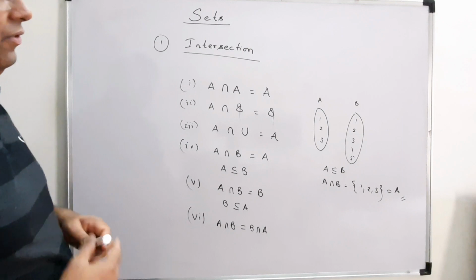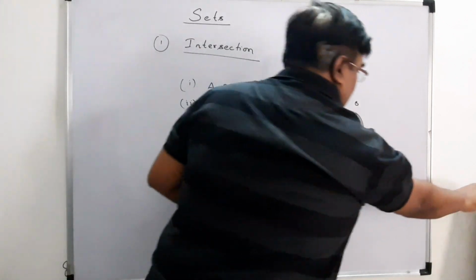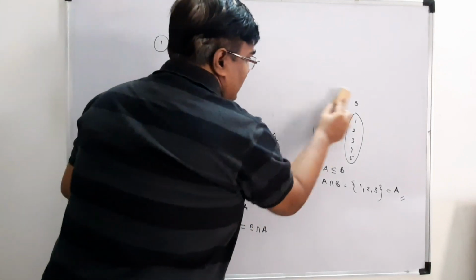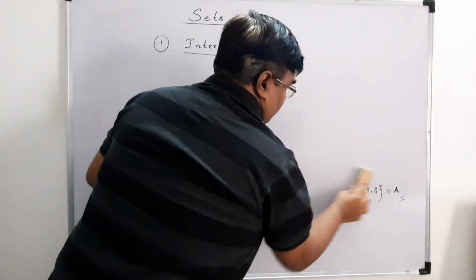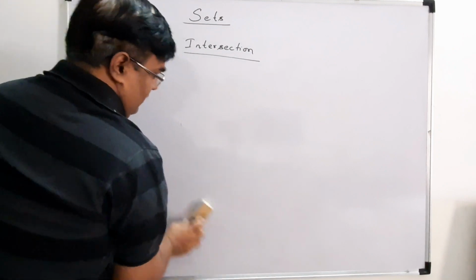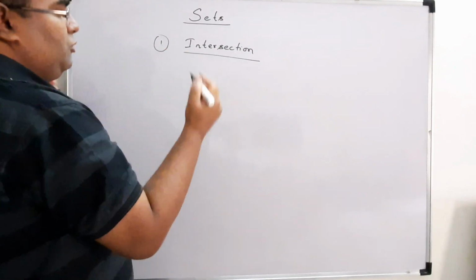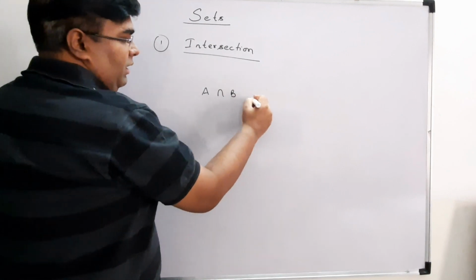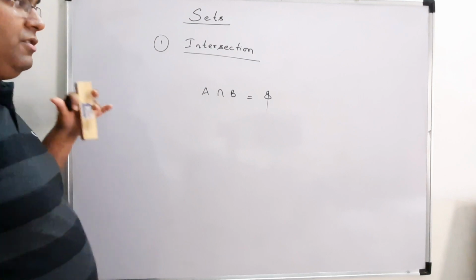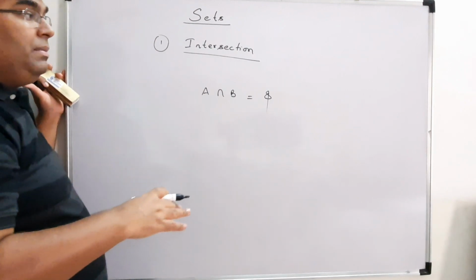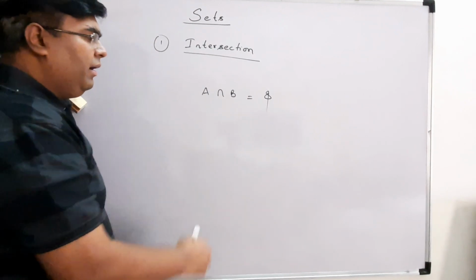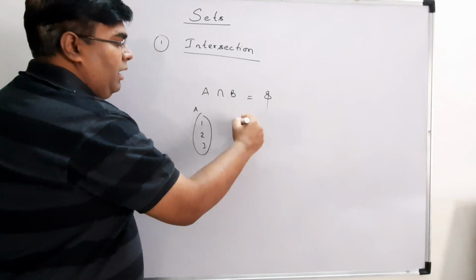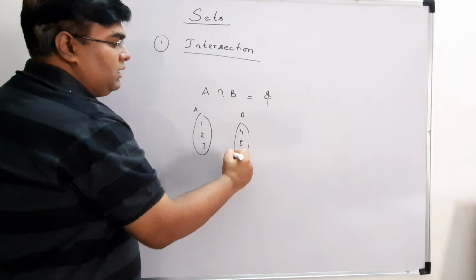Now suppose we have a concept of another point, which is disjoint sets. Suppose we have two sets, A intersection B, okay, and we get phi, which is null set, empty set, means there are no common elements in A and B. Suppose A is 1, 2, 3 and B is 4, 5, 6.